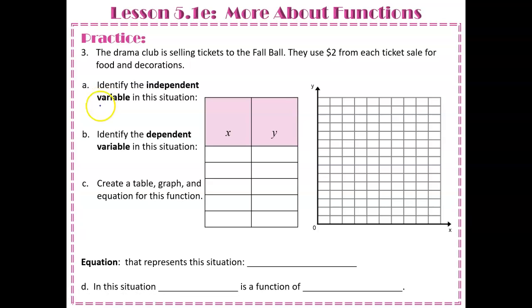That would be the number of tickets sold here. And then the amount they spend on decorations depends on how many tickets they sell. If they only sell one ticket, they only get $2 to spend. So the amount spent on decorations is your dependent variable.